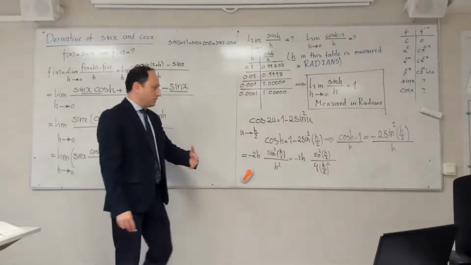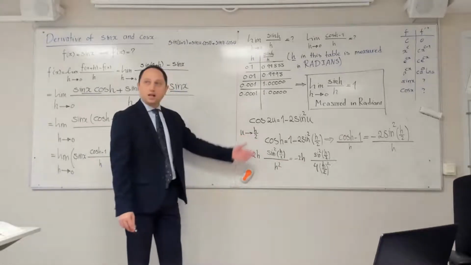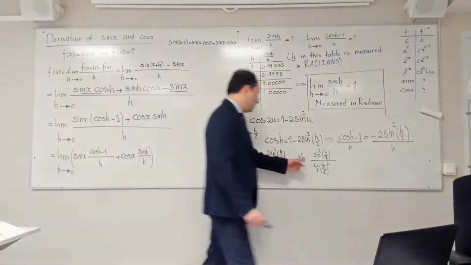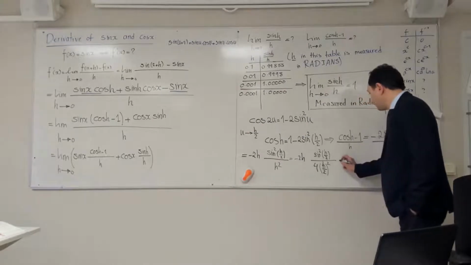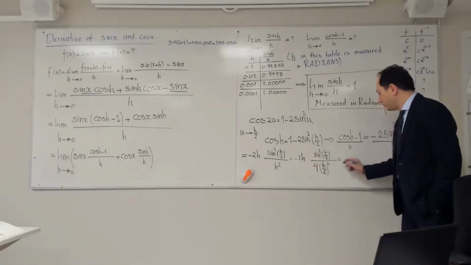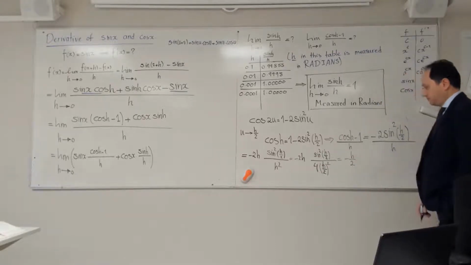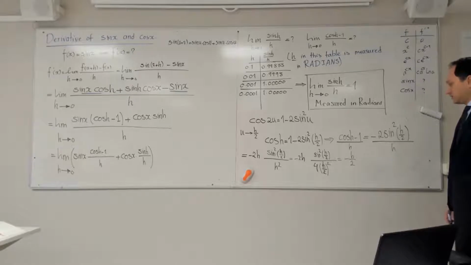So what you need to convince yourself is that this equality is true. That's the only thing. And that's a simple algebra. Okay, so then why is this good? Because you can write it in this way. I put 4 here on the bottom. Minus 2 and 4 will be simplified. It becomes minus h over 2. Yes?